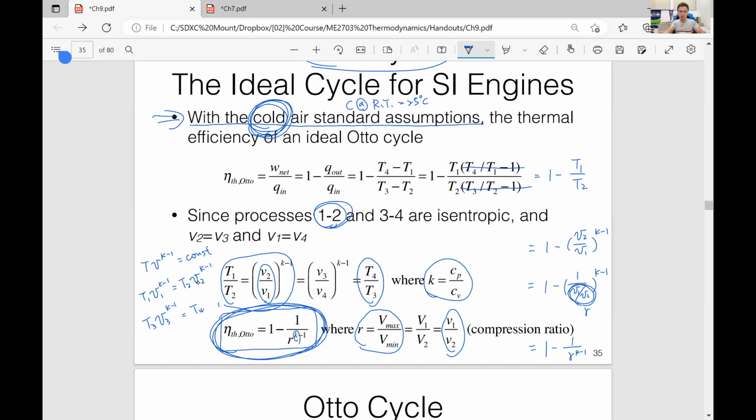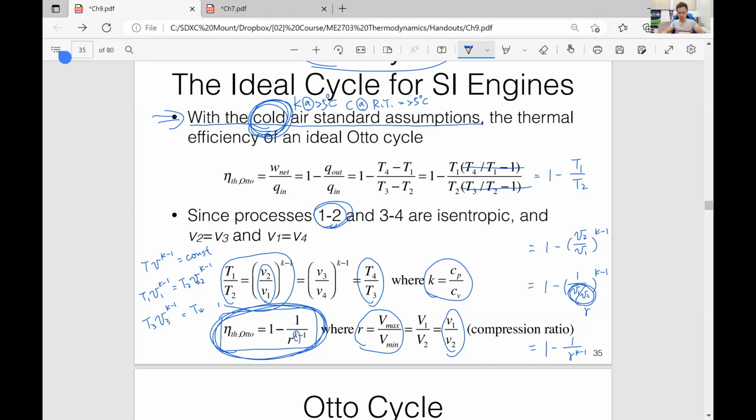Because under these assumptions, we know that k can be evaluated at 25 degrees C. Otherwise, if you need to take the variation of the specific heat into account, then you will need a table, right? Because k is not a constant if you use just air standard assumptions instead of cold air standard assumptions.